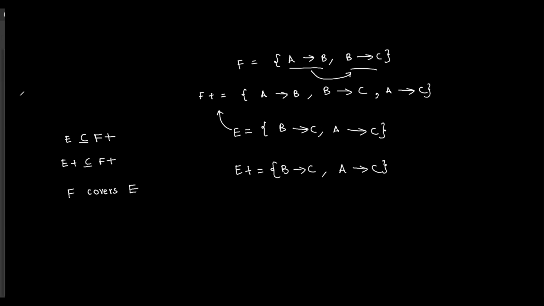Now we'll derive another relationship. If F is equivalent to E, we can say F covers E and E covers F, vice versa. What am I talking about? How is it possible?